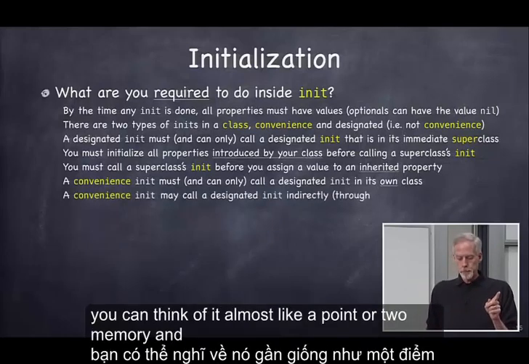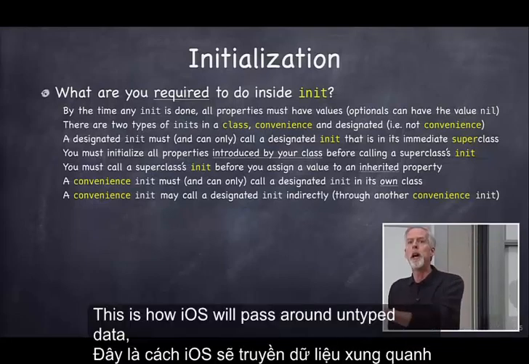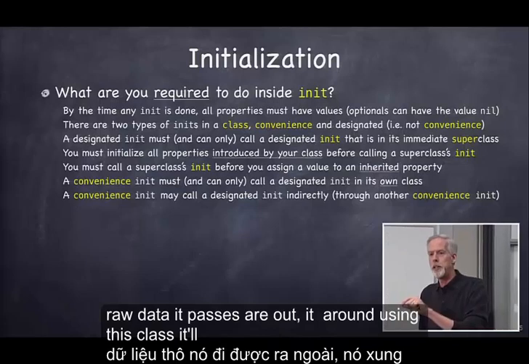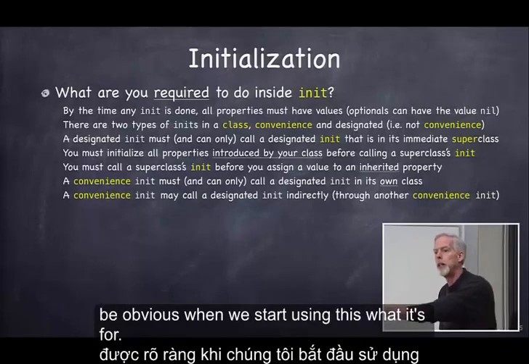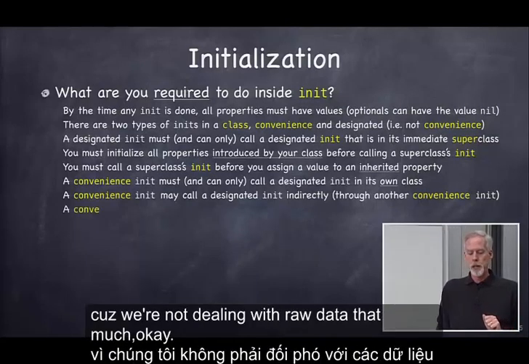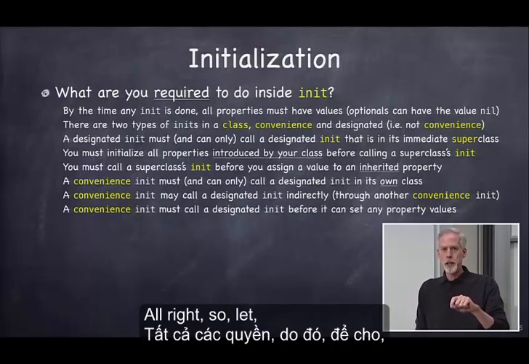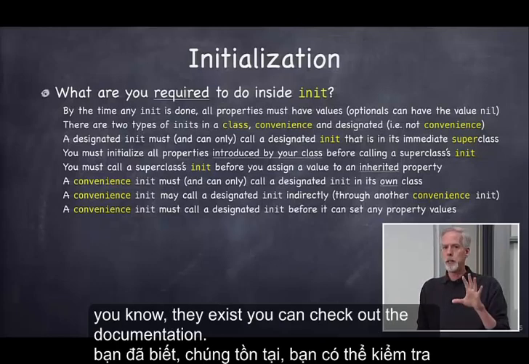Now, it can call that designated initializer indirectly through another convenience initializer. So one convenience initializer could call self another convenience initializer, which calls a designated initializer, but eventually a designated initializer must be called.